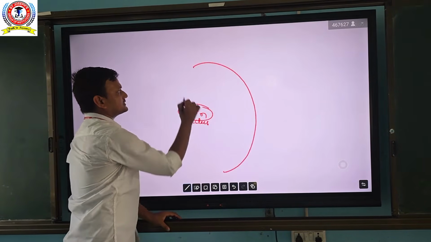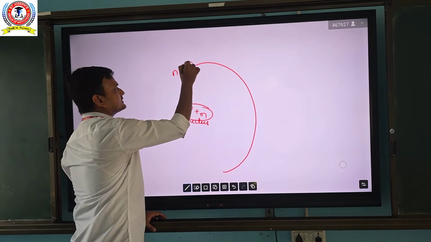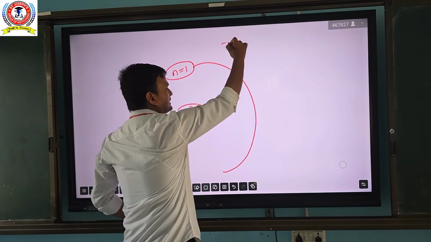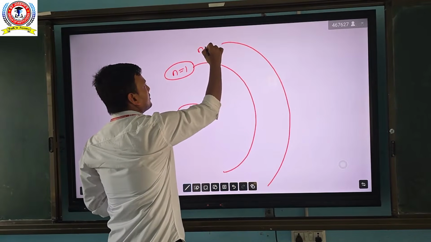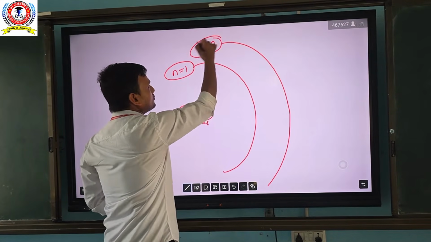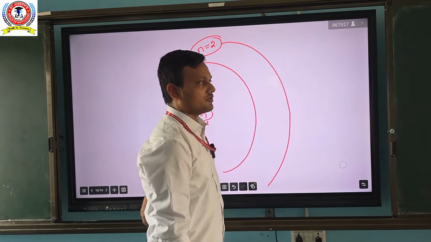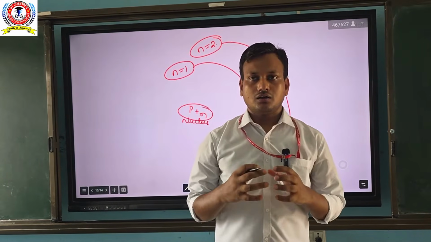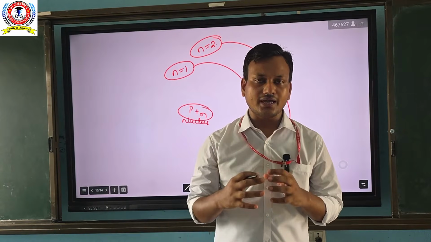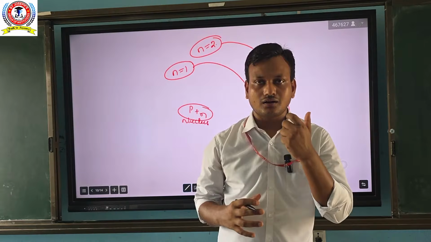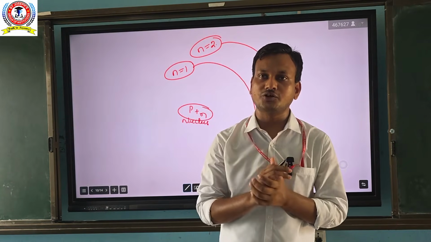Suppose this is your first cell, for which n is equal to 1, and for the second cell, n is equal to 2. And we discussed that for each value of L, there exists a subcell, and the value of L lies between 0 to n minus 1.